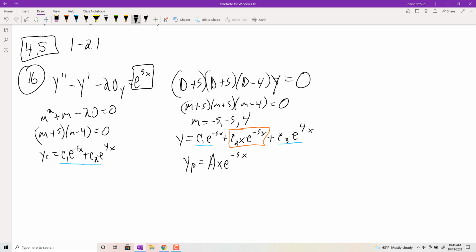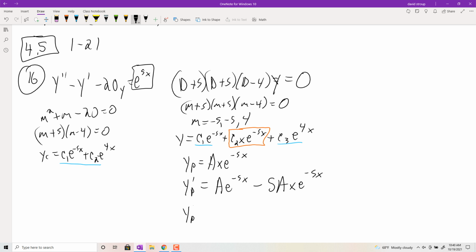Then you take this thing and you find its second derivative and its first derivative and plug it all into the original differential equation and solve for the coefficients. In this case we just have one coefficient. But anyways, yp prime, you've got to do a product rule, so a e to the negative 5x taking the derivative of x, and then minus 5a x e to the negative 5x, taking the derivative of e to the negative 5x is e to the negative 5x times negative 5.